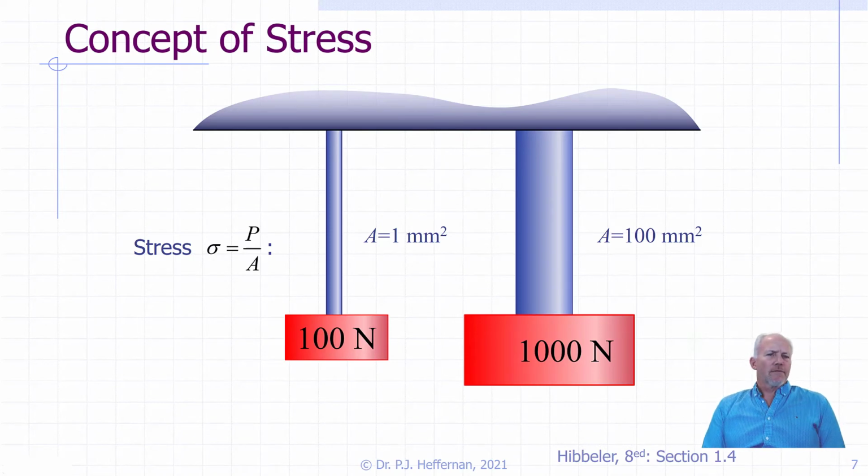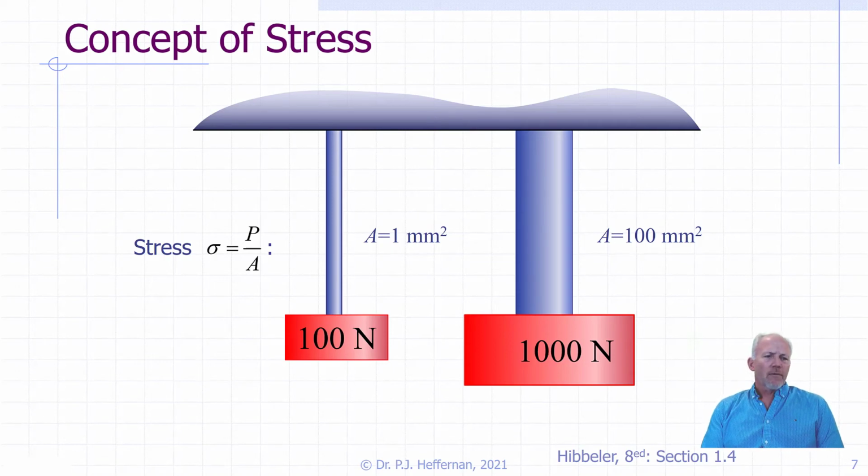So the concept of stress. It is important to understand stress as it is related to the strength of the material, as compared to the load, which is more related to the strength of the structure. Let's look at two rods, a slender one and a bigger one. Cross-sectional areas are shown, the slender one with 1 millimeter squared and the larger one with 100 millimeters squared. Each carries a load, in this case, of 100 newtons and 1,000 newtons respectively.